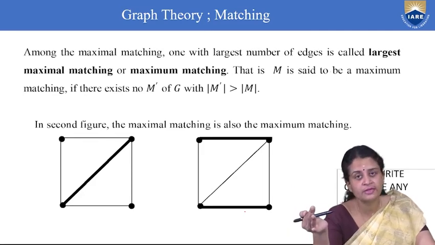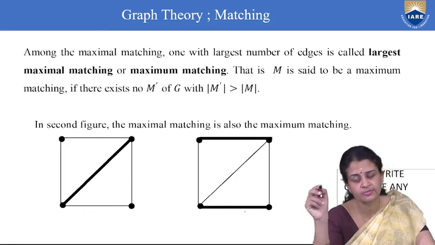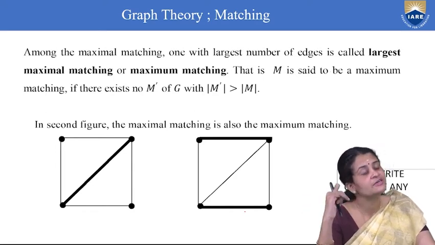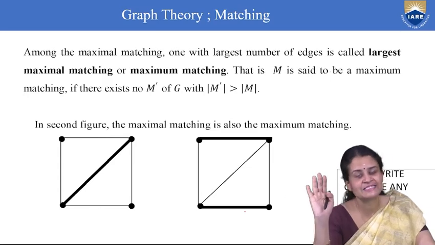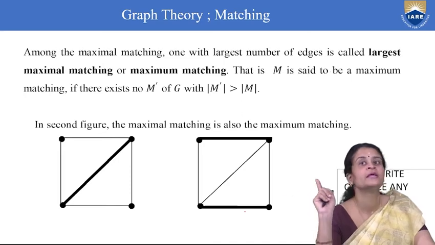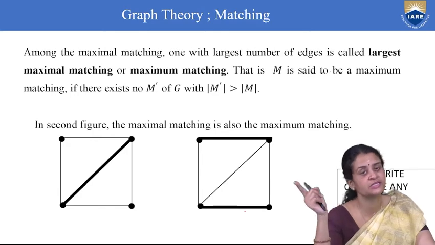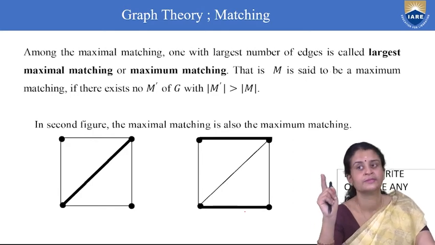And of the maximal matchings, the matching with the largest cardinality is termed the maximum matching. Matching, maximal matching and maximum matching. A maximal matching having the largest cardinality is referred to as the maximum matching or largest maximal matching. You can use either terminology.